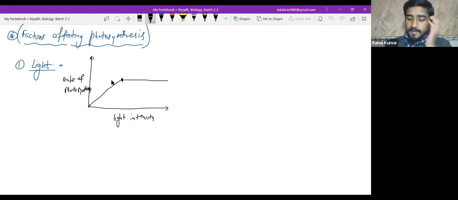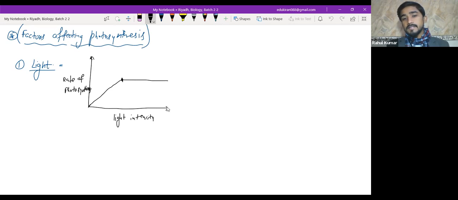And beyond a high threshold, it can cause breakdown of chlorophyll, leading to decreased photosynthesis or decreased rate of photosynthesis.